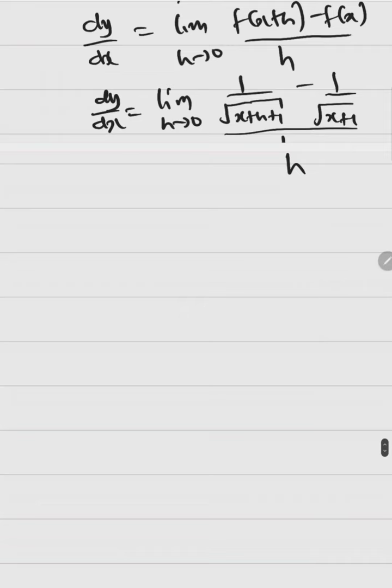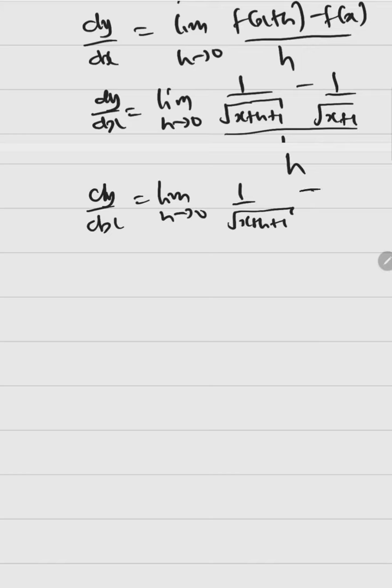So if you proceed further, I'm going to have dy/dx equals the limit as h tends to 0. I can rewrite this as 1 divided by square root of x plus h plus 1, minus 1 divided by square root of x plus 1, then multiplied by 1 divided by h. Isn't it?